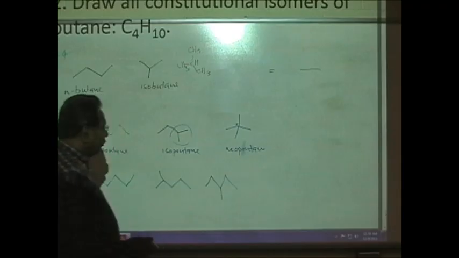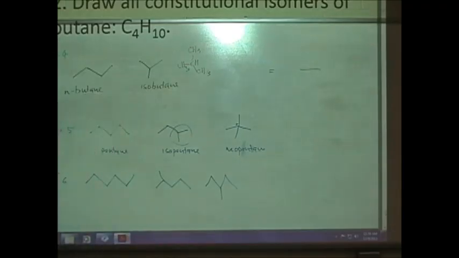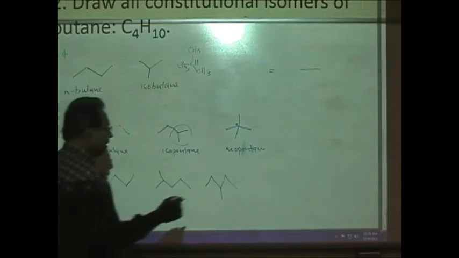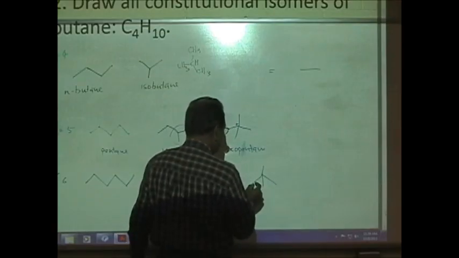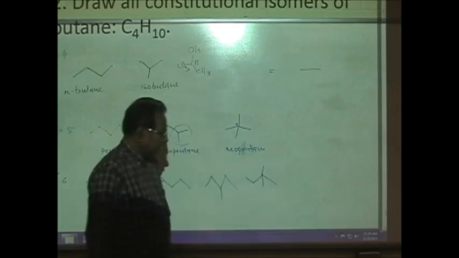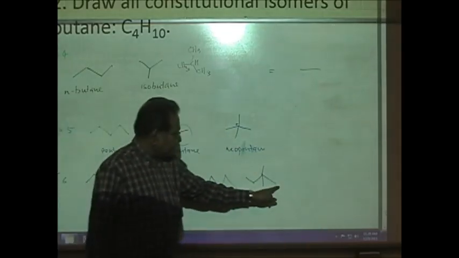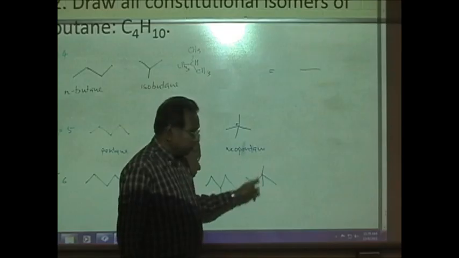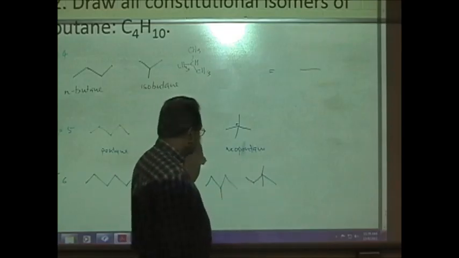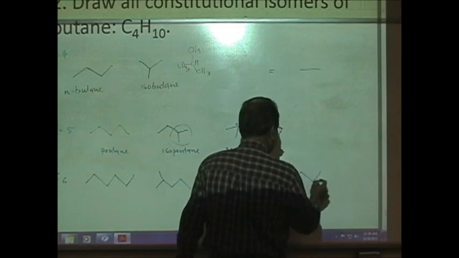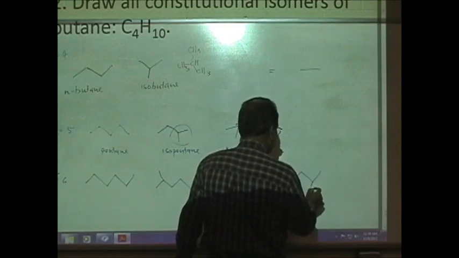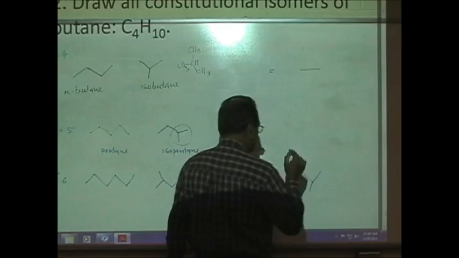Okay, now we have to get 5 of them, right? Now the other one is this, 1, 2, 3, 4, 5, 6. All right? So there could be another one here, here.